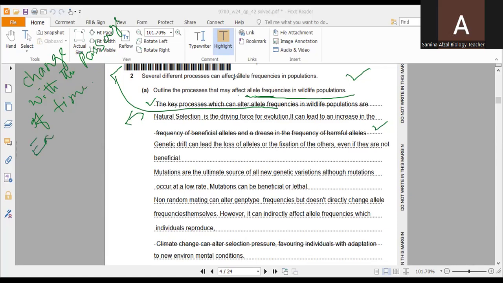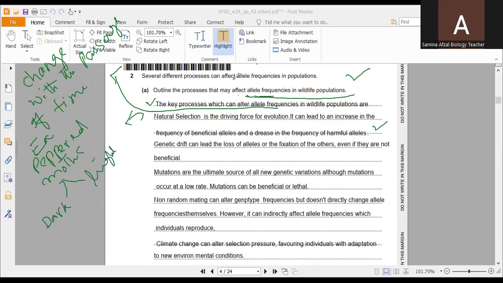Example, peppered moths, which were in industrial England. Darker moths had a survival advantage due to camouflage on soot-covered trees, leading to an increase in the darker allele frequency, whereas the light-colored ones did not.